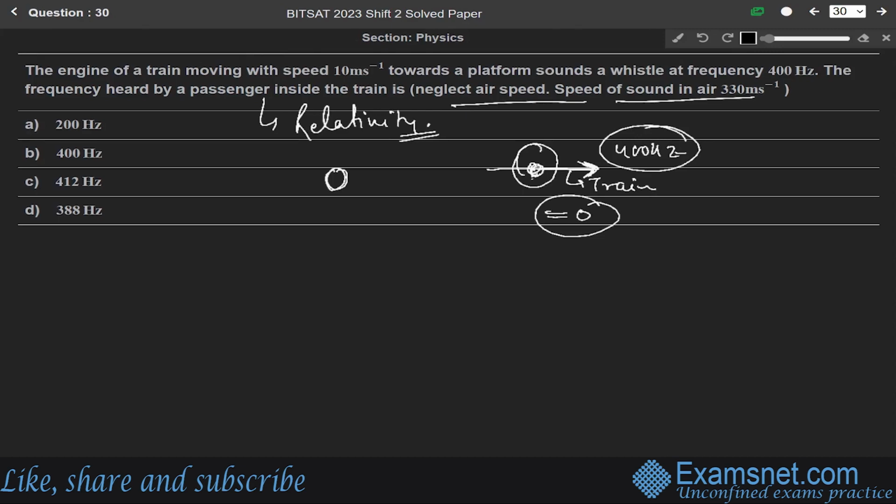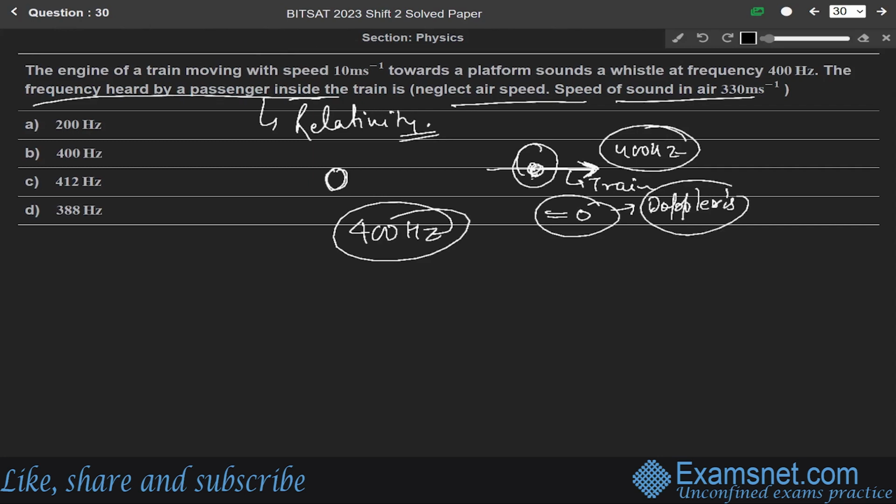So the frequency will be 400 hertz only, because there is no relative velocity. So we can't use the formula for the Doppler's effect. So the frequency heard by the passenger, since he is sitting inside the train only, will remain the same, that is 400 hertz. So the correct option is B.